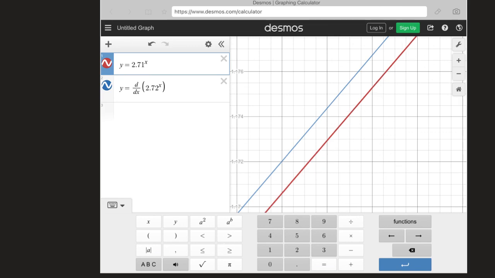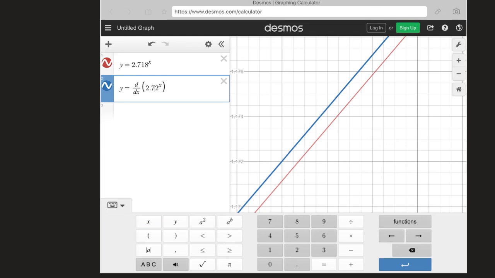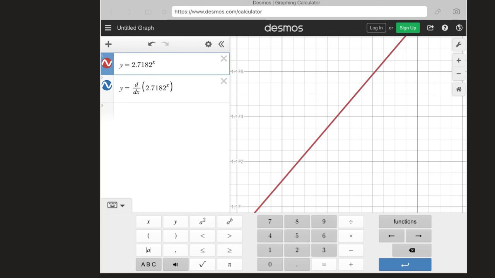Like if I put in a 1/8, and now take the slope, look how close we are. If I even then went, now we're even closer.